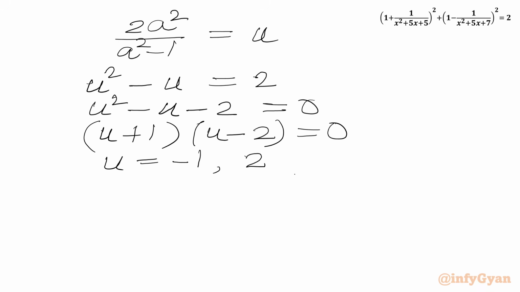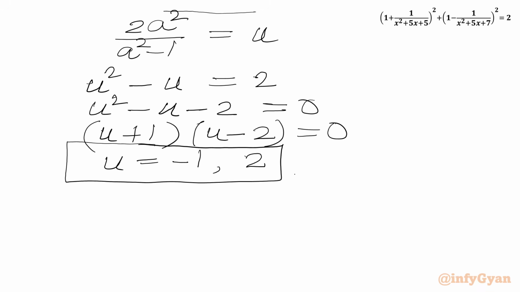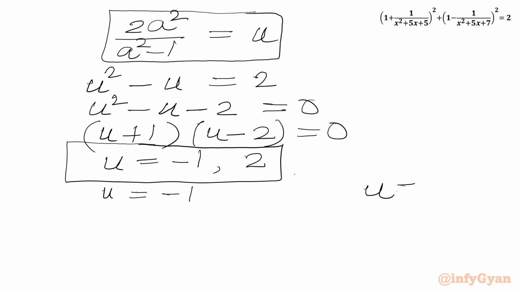Now we have two values of u. Here u is 2a square over a square minus 1. So I will write here u equal to minus 1. Then we'll write u equal to 2 separately.